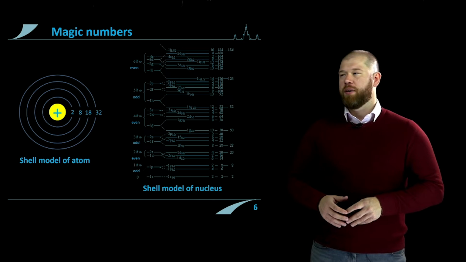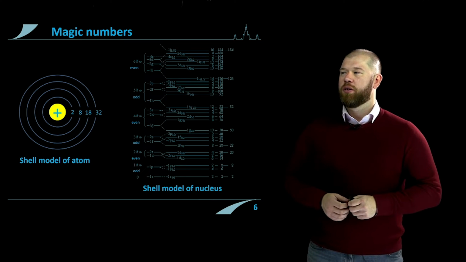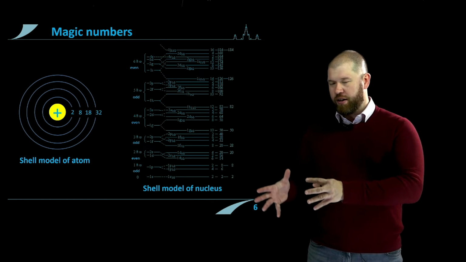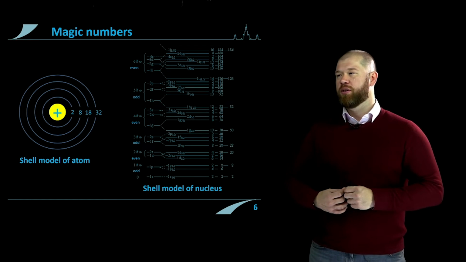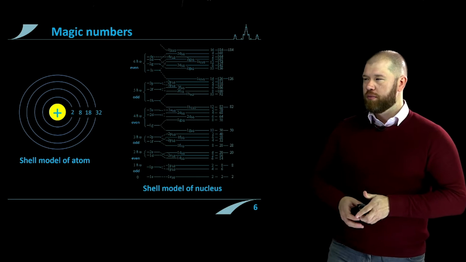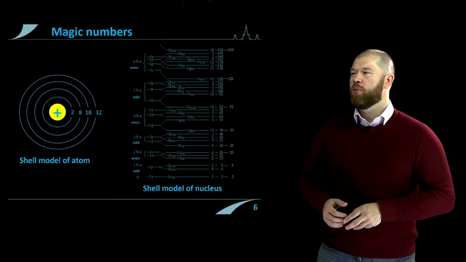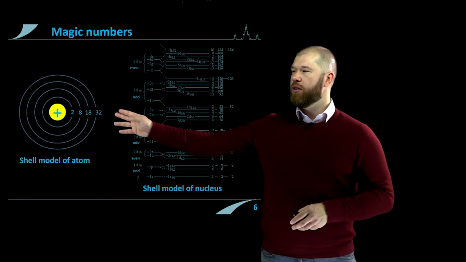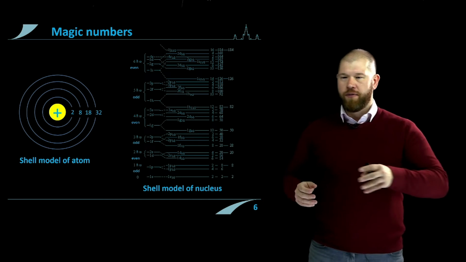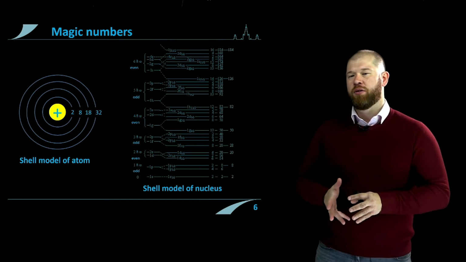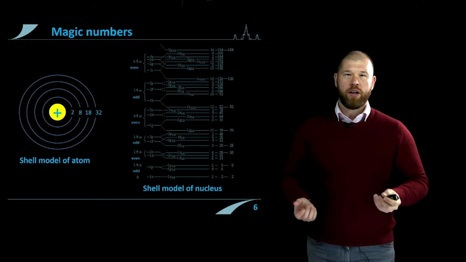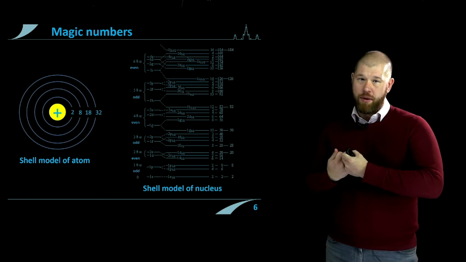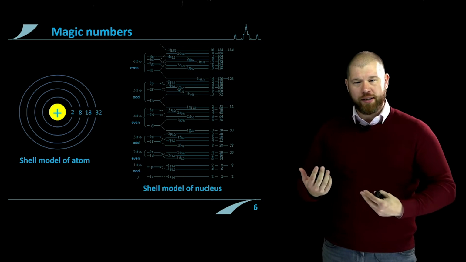Like an atom, with its orbital shells, there are also energetic levels in the nucleus. We know that when the electronic shell in an atom is fully filled with electrons, then we obtain very inert elements, the noble gases.